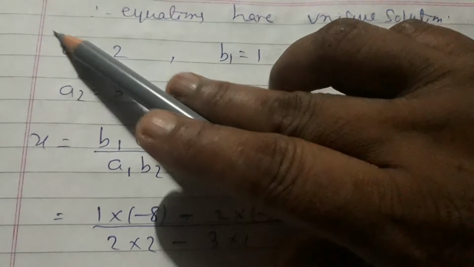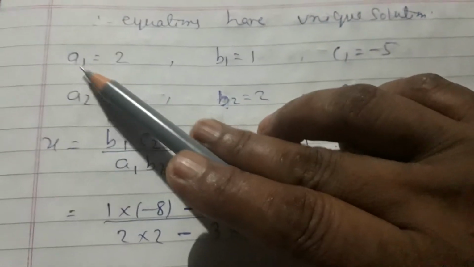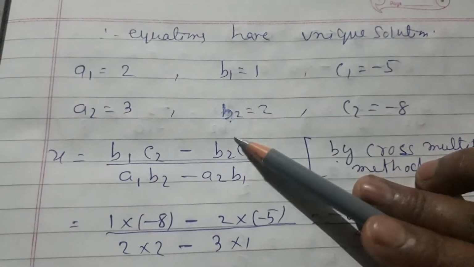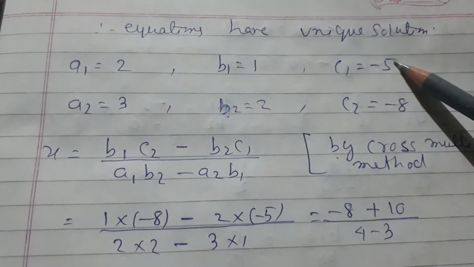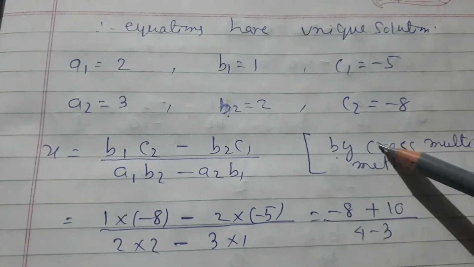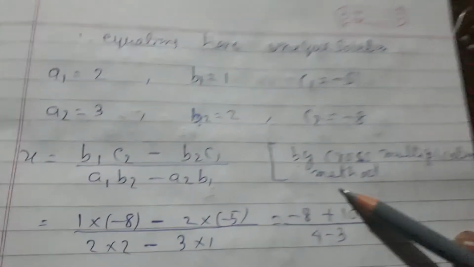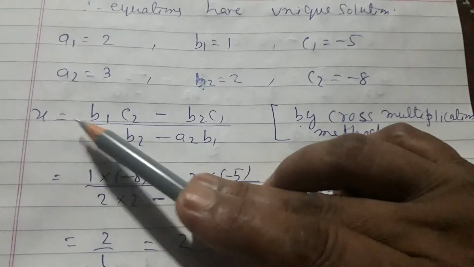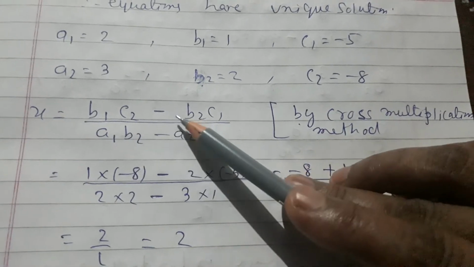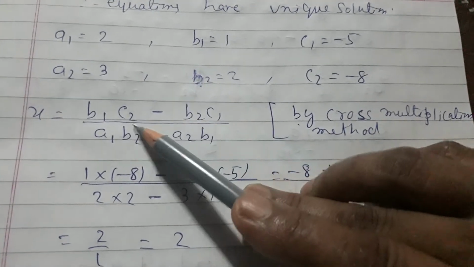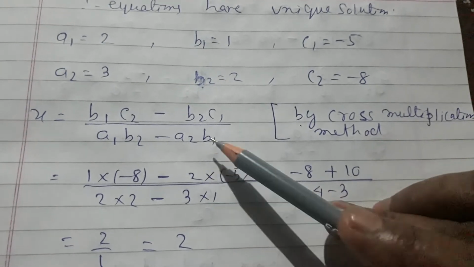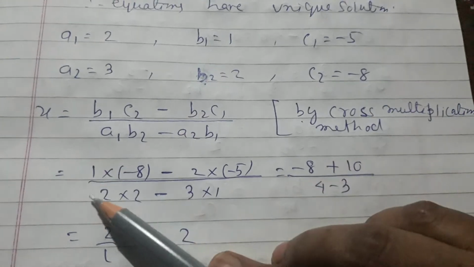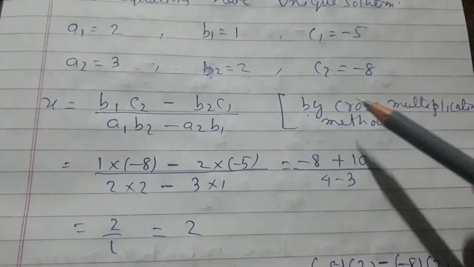Now write down at first the values of a1, a2 and so on. a1 equal to 2, a2 equal to 3, b1 equal to 1, b2 equal to 2, c1 equal to minus 5 and c2 equal to minus 8. Now by cross multiplication method, the formula of x is x equal to b1 c2 minus b2 c1 by a1 b2 minus a2 b1. Now you put the values from here. b1 equal to 1, c2 equal to minus 8.